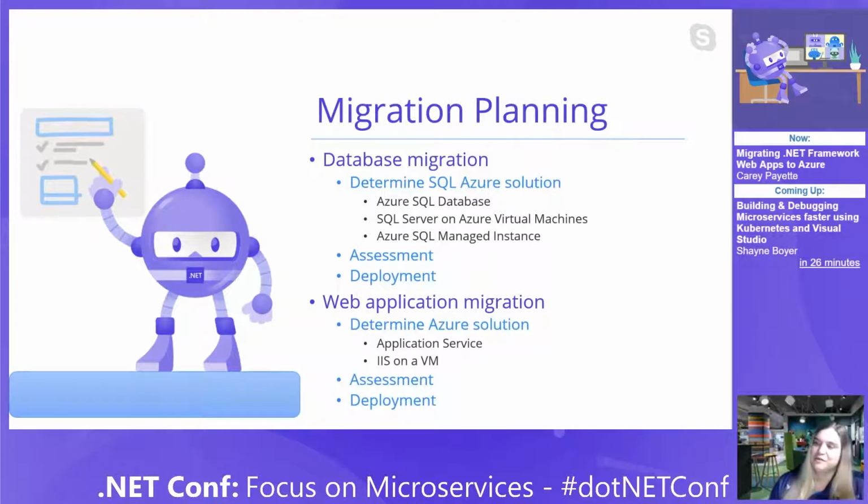While Azure SQL doesn't have every single feature of SQL Server, it's optimized for modern app development and offers both hyperscale and serverless options. This option tends to require the most upfront work, but depending on the complexity and the features that you're using on your current database, that will determine how much work you have to do up front.